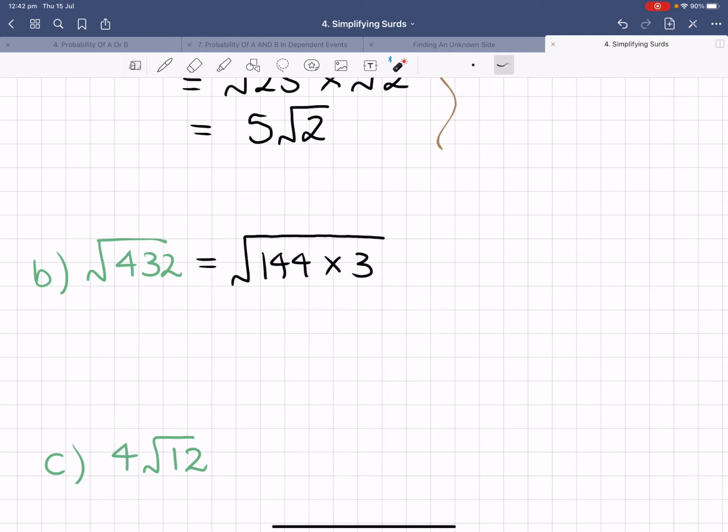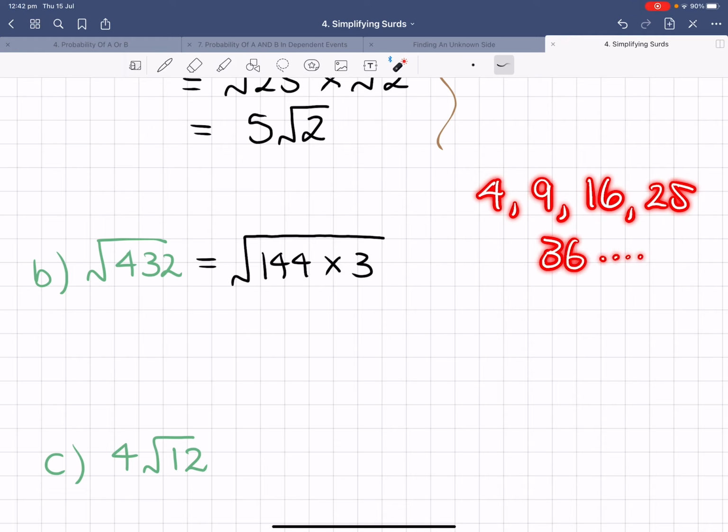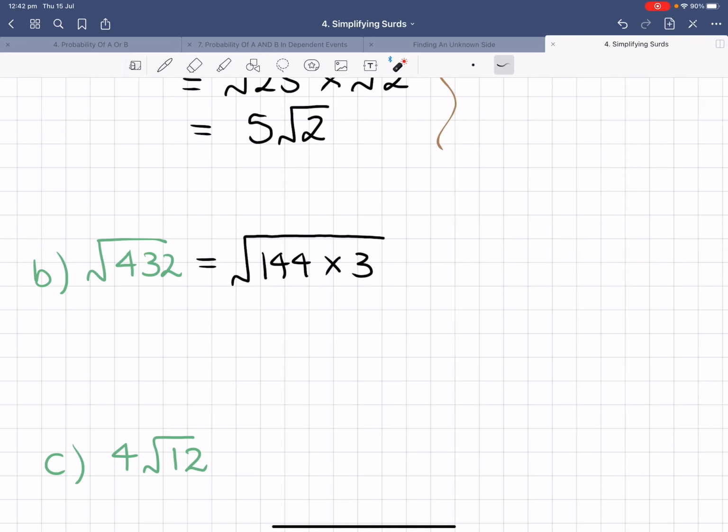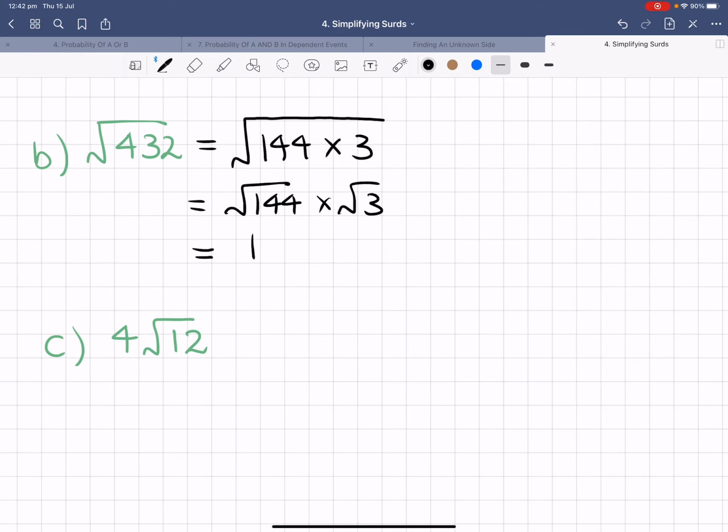So remember, they're the numbers like 4, 9, 16, 25, 36, okay? Anything that when you square it gives you that number. Now, we know the square root of 144 times the square root of 3. Square root of 144 is just 12, okay? That's why we want a square number, to get us a whole number. And then times the square root of 3, we can't do anything with that, so we just leave it as 12 root 3.